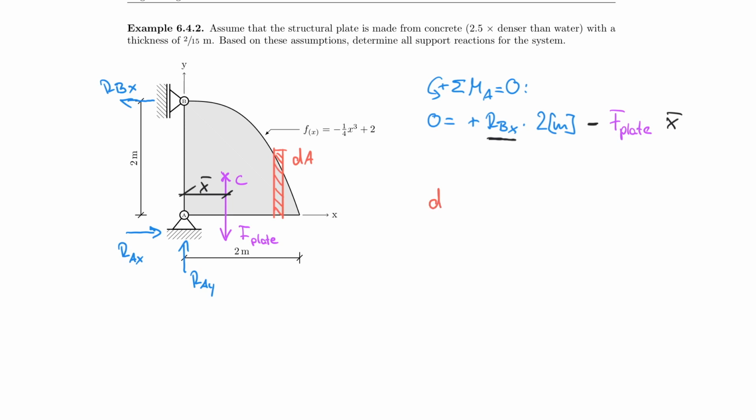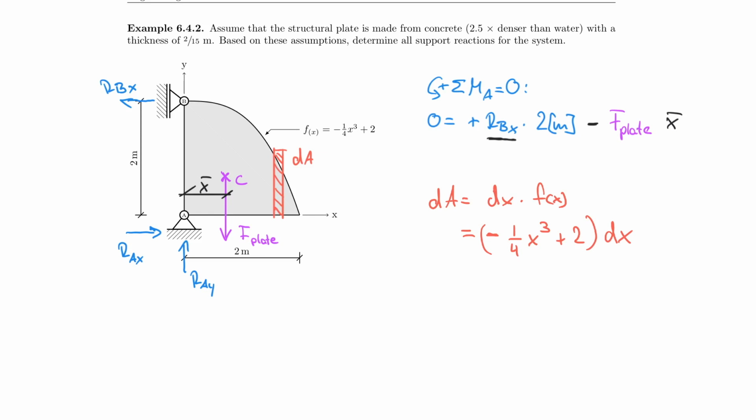And dA is really nothing else than base times height. So dx times f of x, which then ultimately turns into, and notice there's a negative, minus 1/4 x to the 3 plus 2 times dx. That is my area element.